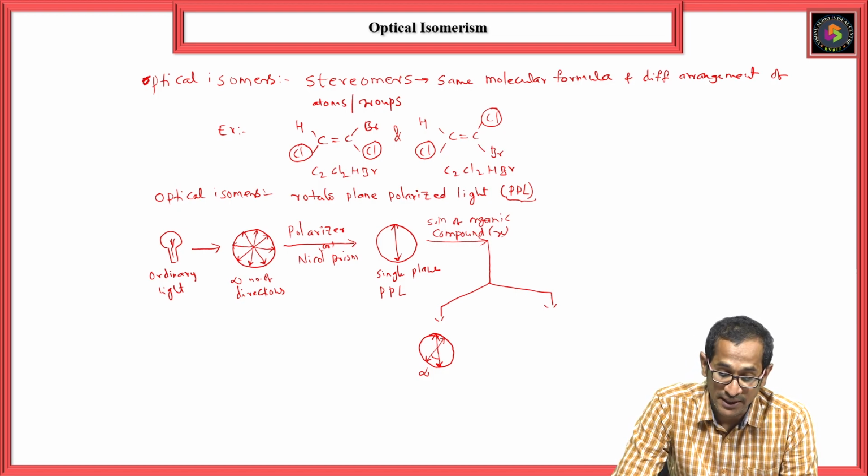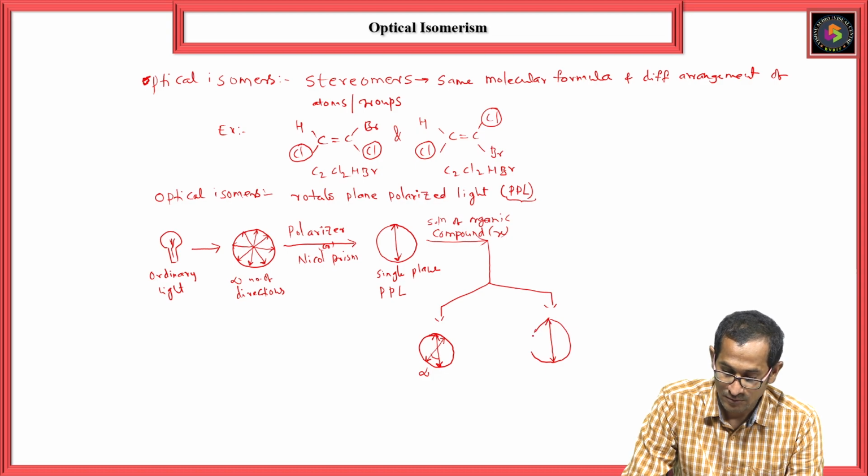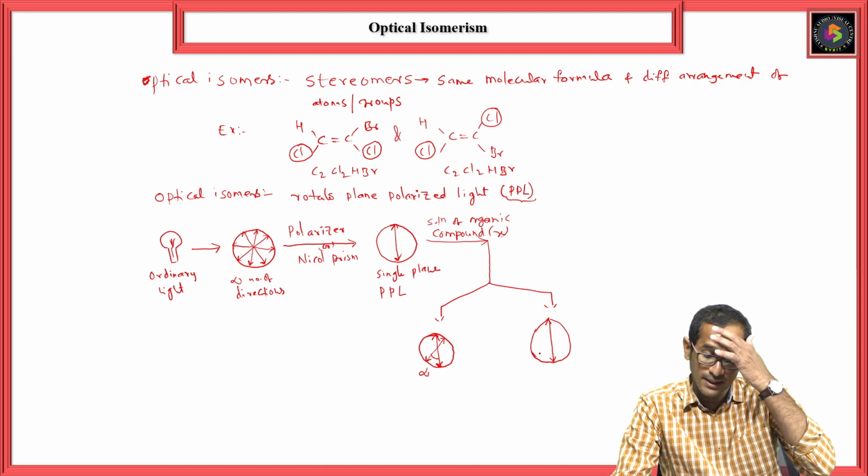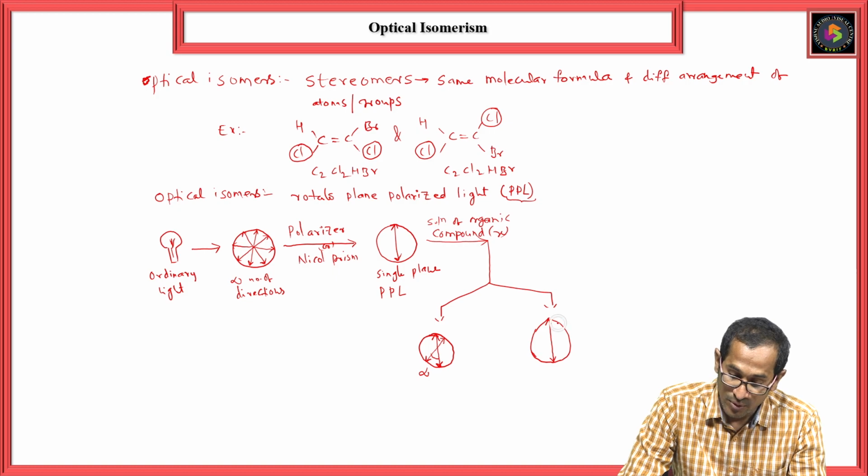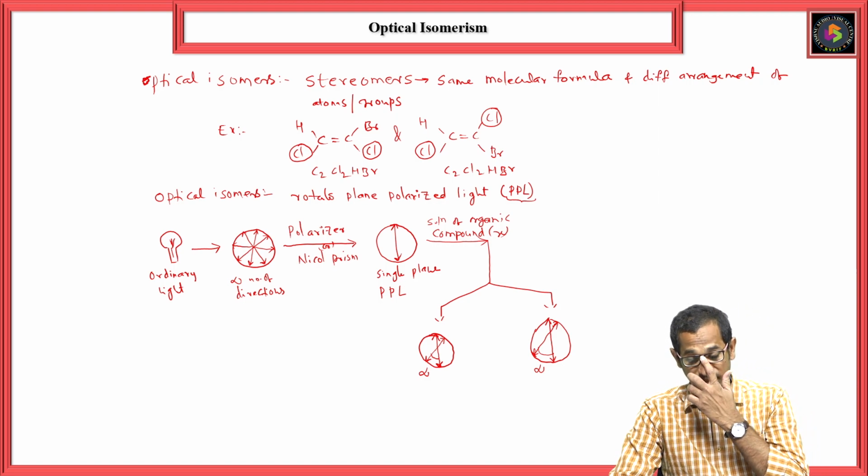This is one possibility. At the same time, the compound may rotate the plane polarized light towards the other side with the angle of alpha. Again, alpha is the angle of rotation.